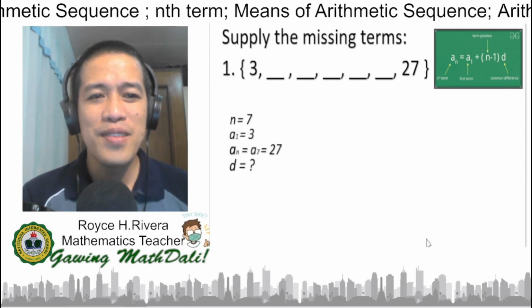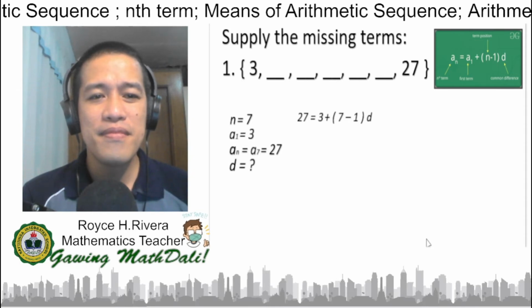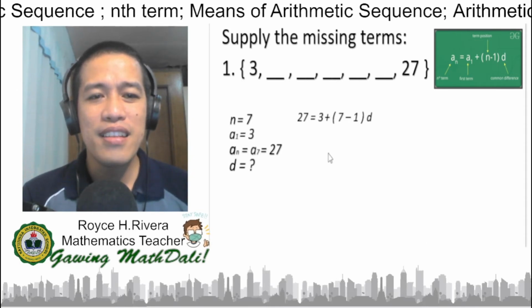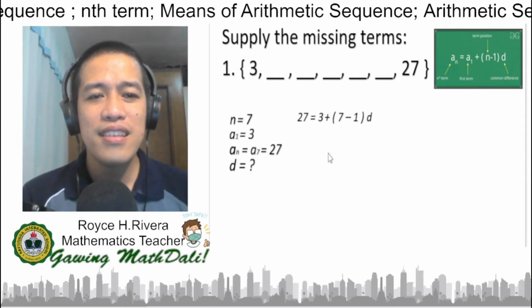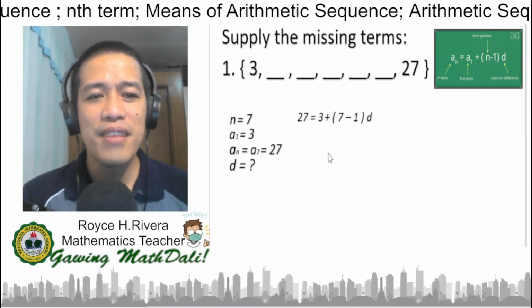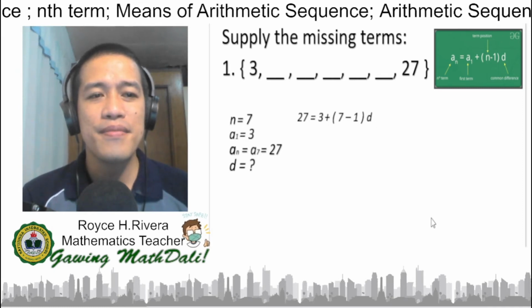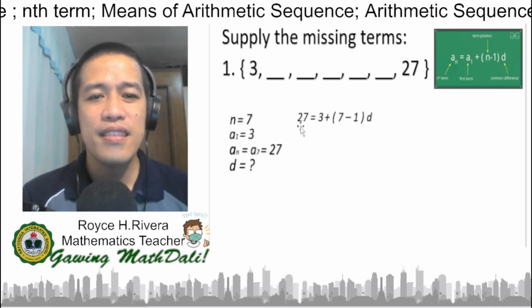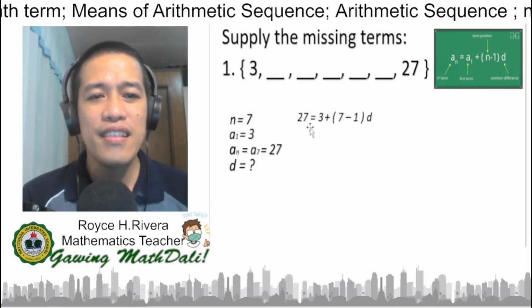By substitution, we have 27 equals 3 plus the quantity 7 minus 1 times D. A sub n is 27.